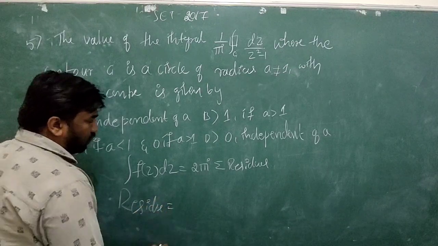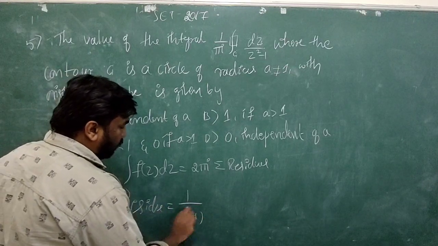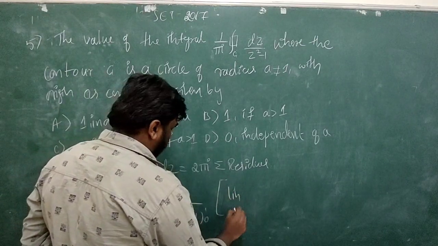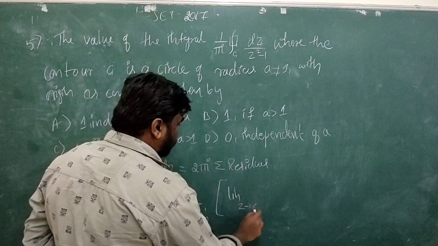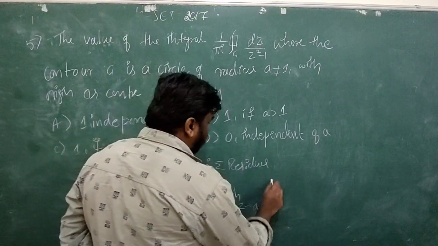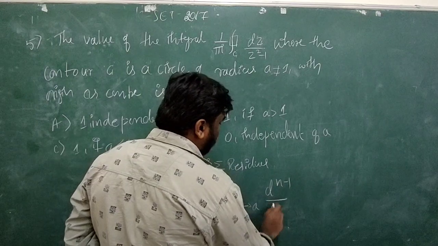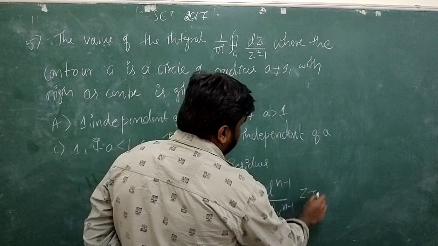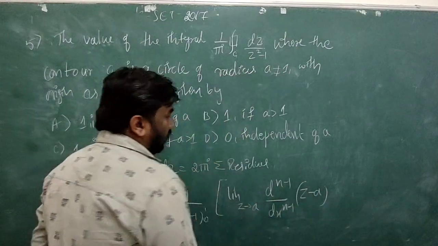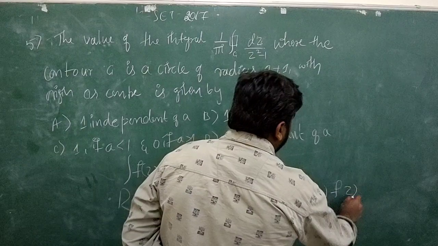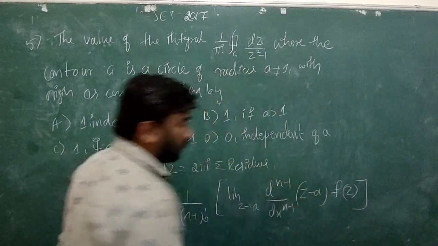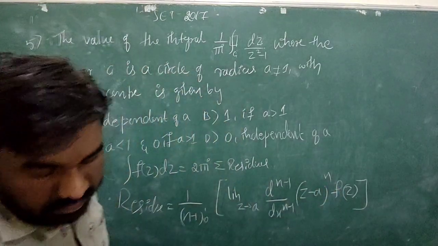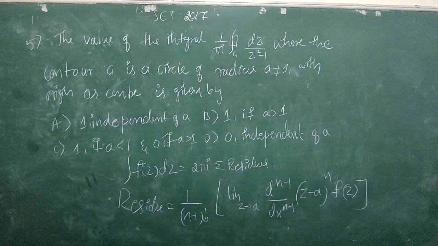Residue is equal to 1 by (n minus 1) factorial into the limit z tends to a of d power n minus 1 by dz power n minus 1 of (z minus a) whole power n into f of z. So this is the formula to calculate residue.